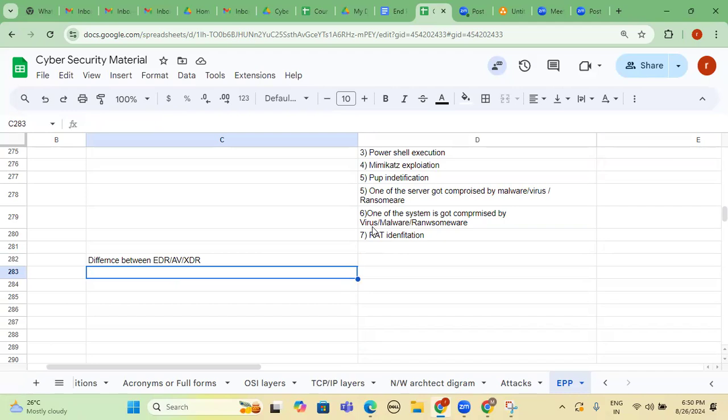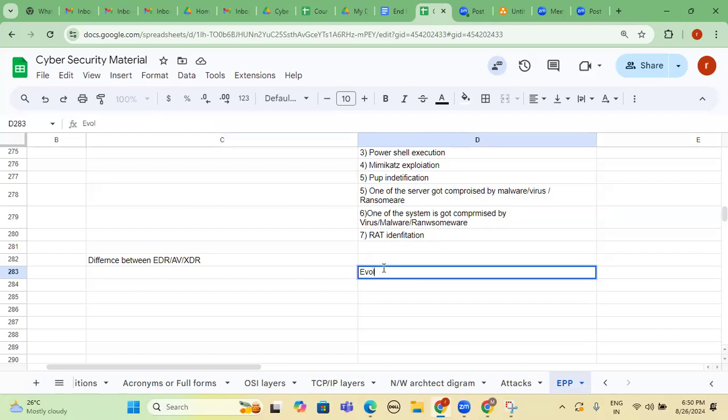Based on the evolution of malware, not only antivirus, EDR and XDR, there are 5 different evolutions of malware solutions that entered the market. It's not that important, all those 5, but I will explain only 3. But anyway, what are the 5 different evolution phases of virus malware solutions?